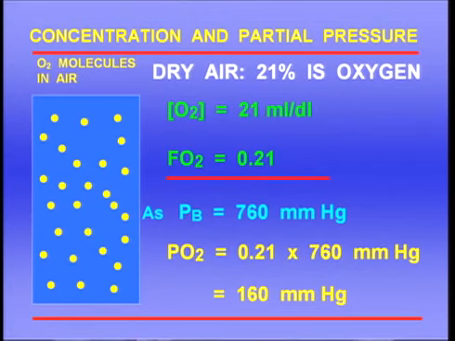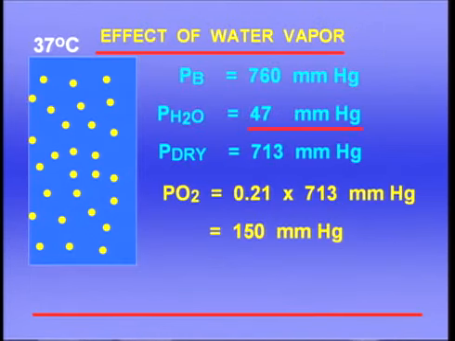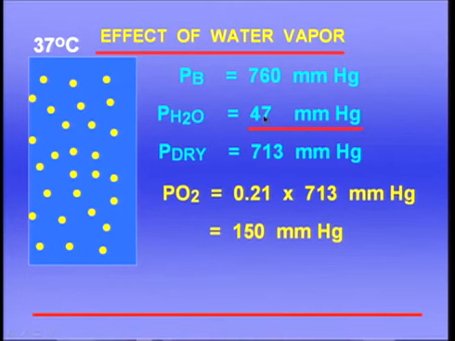Now there's a minor complication that we should deal with here, and that is the effects of water vapor. When air is inspired into the lung, it is warmed, moistened and saturated with water vapor at the prevailing temperature of 37 degrees Celsius. At that temperature, the partial pressure of water vapor is 47 millimeters of mercury. That only depends on temperature. It doesn't depend, for example, on barometric pressure.